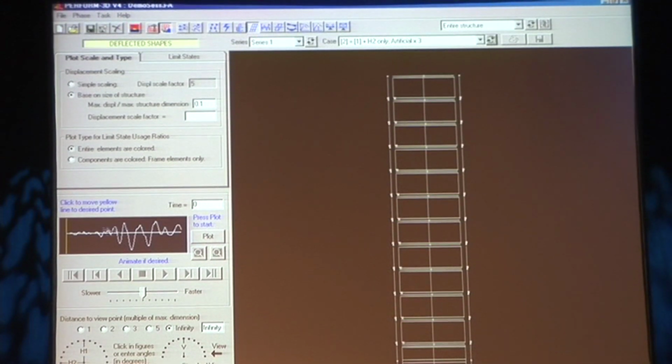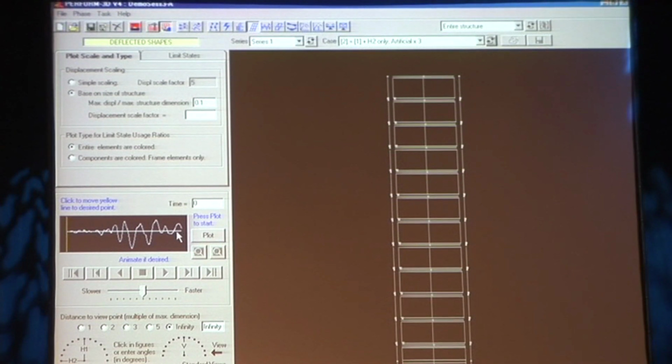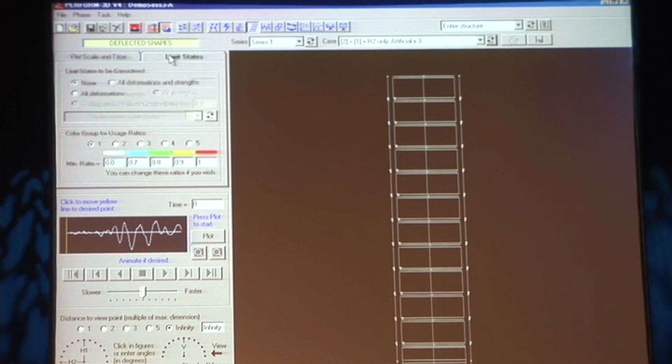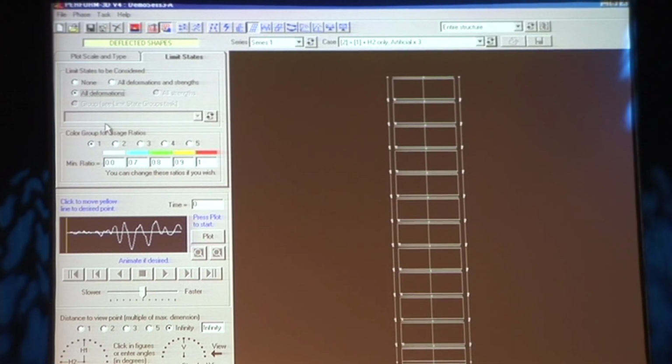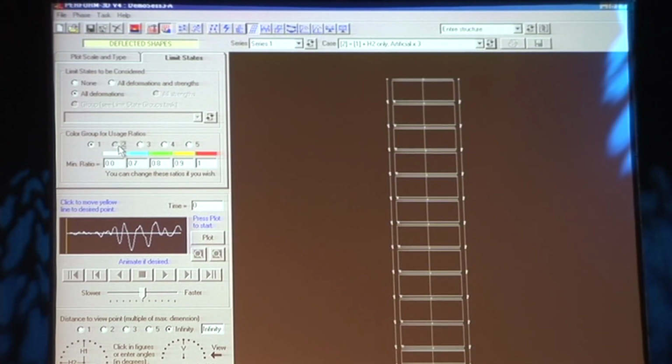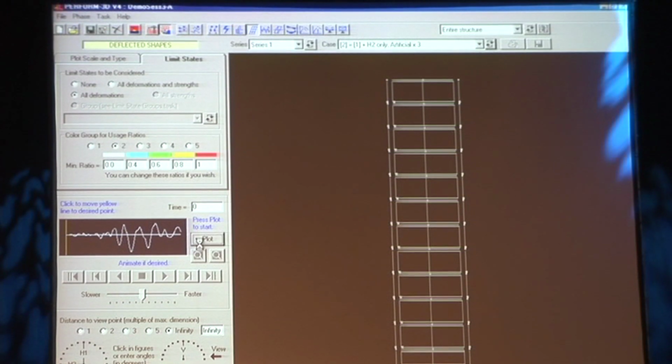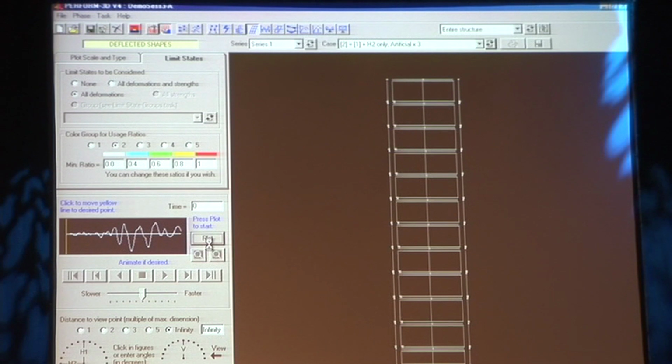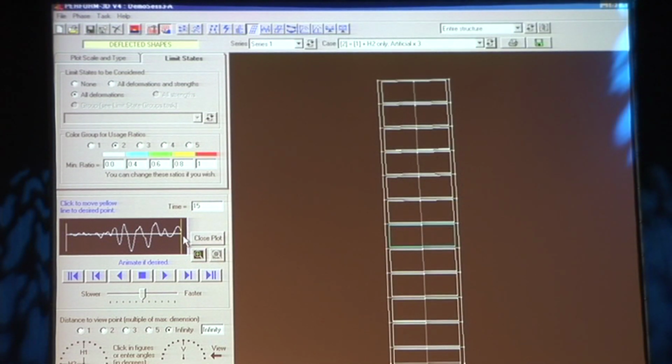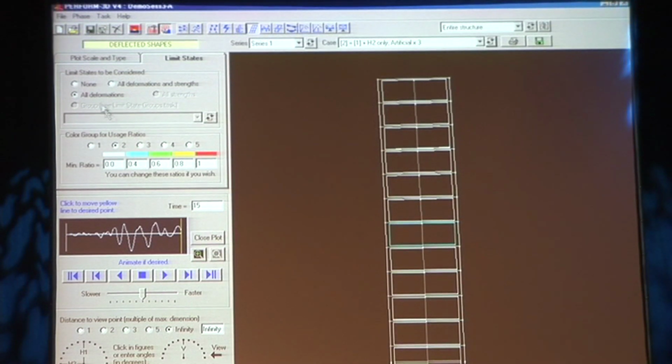This thumbnail is what is happening with the earthquake, and I'm going to just set up all of the deformation limit states. It's doing rather a lot of calculation here. But at the end, let me actually do a little bit more here so we can make this one show up a little bit more.